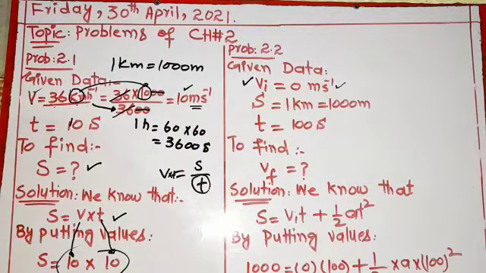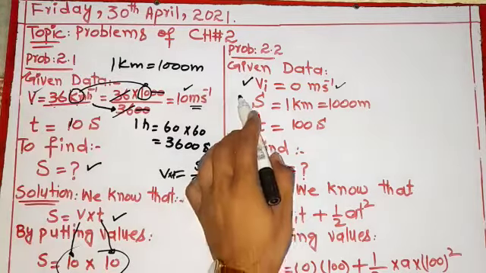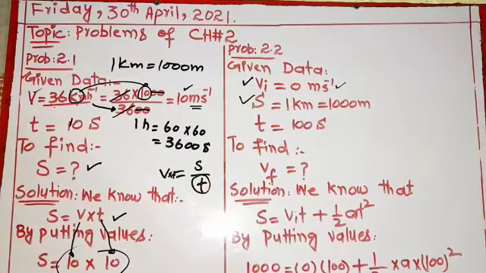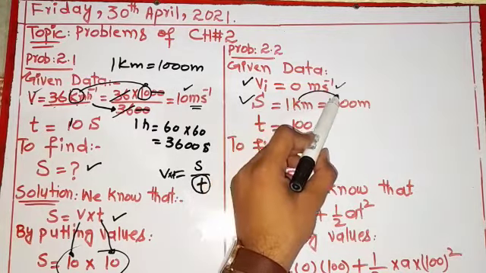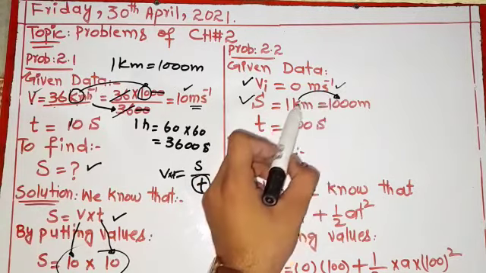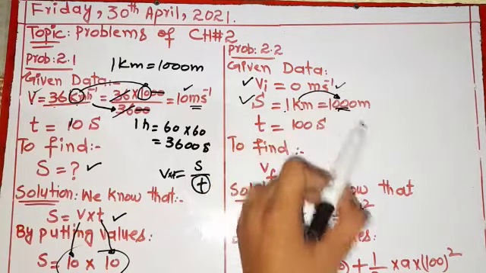Now it moves through 1 kilometer. You can see the distance is 1 kilometer and the SI unit of distance is meter, so we will convert kilometer into meter, and you know that 1 kilometer is equal to 1000 meter.